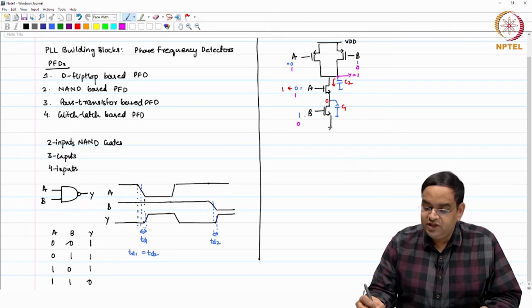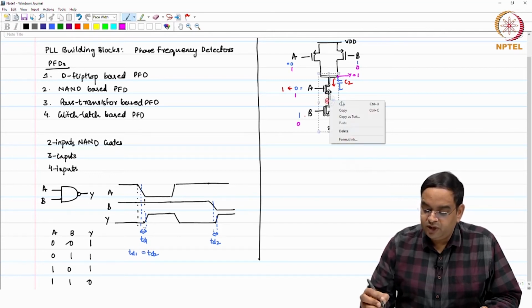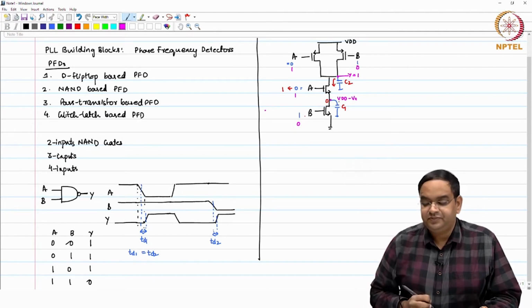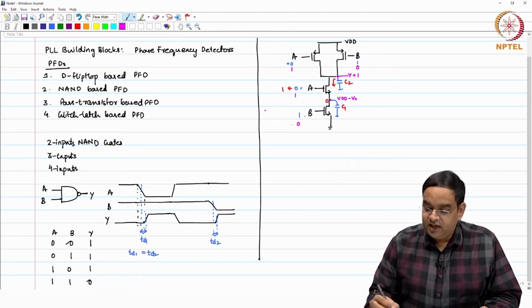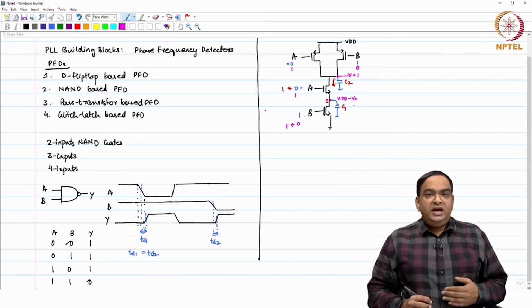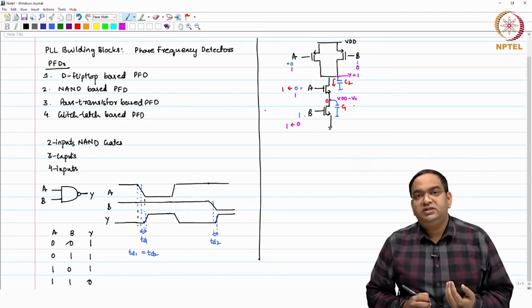So, output node was initially 1, and this particular node, because A is 1, is charged to, you can say, VDD minus VT. And when B goes from 0 to 1, you discharge this particular node from VDD minus VT to 0. So, kind of charging and discharging which is happening in the NAND gate, right.